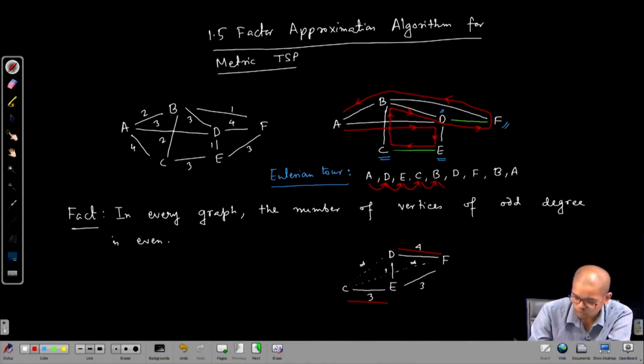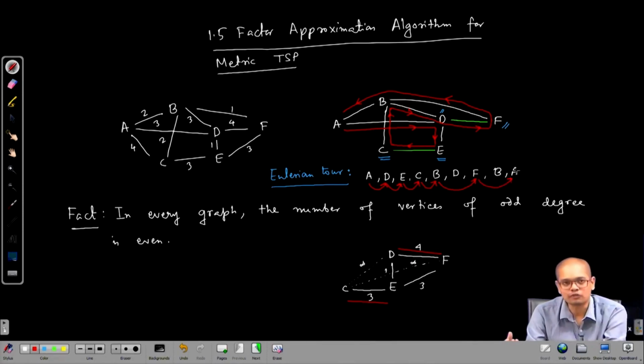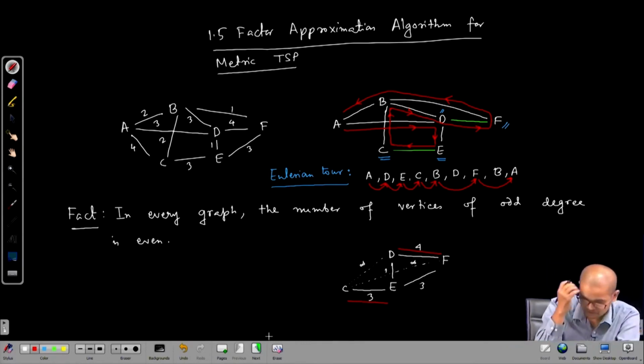So, I directly go to F, okay, and then from F I do not need to go to B because B is already visited, I directly go to A. Because of the triangle inequality, because of the metric property, this short circuiting does not increase the cost of the tour. So, what is the tour here?